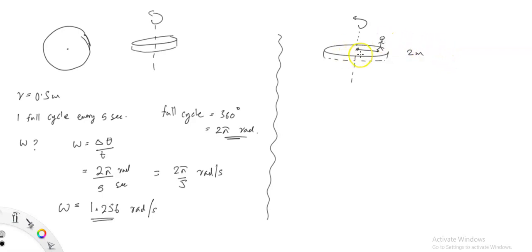Now the merry-go-round starts from 0 and it accelerates, right? It speeds up. So let's say initially it was at rest, and then let's say 20 seconds later omega became 0.2 radians per second.